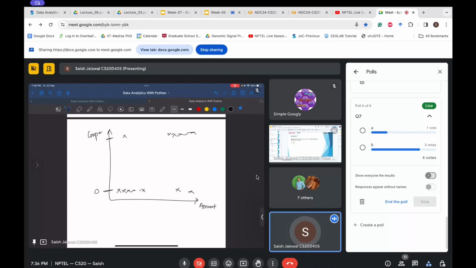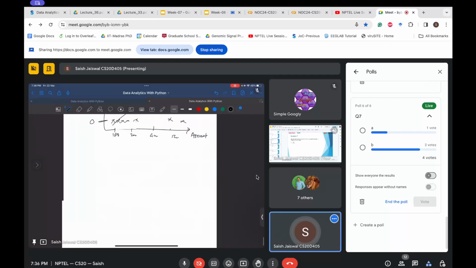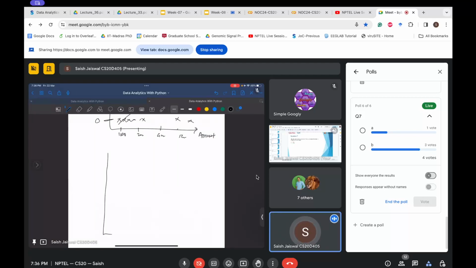Zero or 1, and the amount is like 1000, 2000, 4000, and so on. If you fit a line over here, it may not be the best fit. So in this case, what is done is you try to fit another function called the sigmoid function.